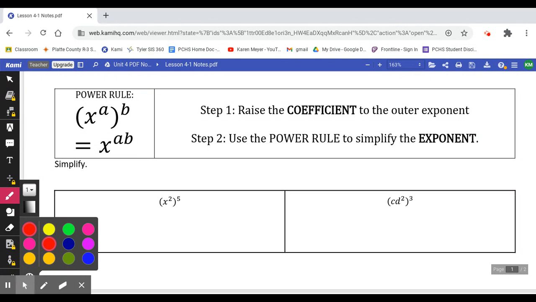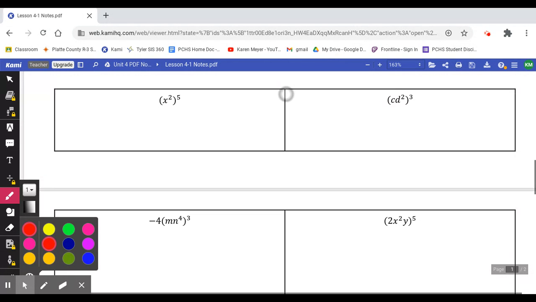So here, you're just going to multiply. So you got to remember, power raised to a power, you times the exponents. So I'll say it again. Power raised to a power, you times the exponents.